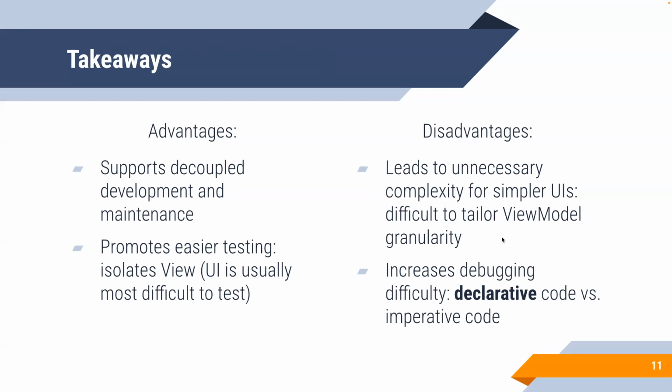The other thing is it's really hard to debug because declarative code just happens automatically. With imperative, you're telling it how to update my view. But with declarative, you're just saying this is what I want my view to look like. And then Jetpack Compose handles it on its own. So it's a little bit harder to see what's going on behind the scenes.